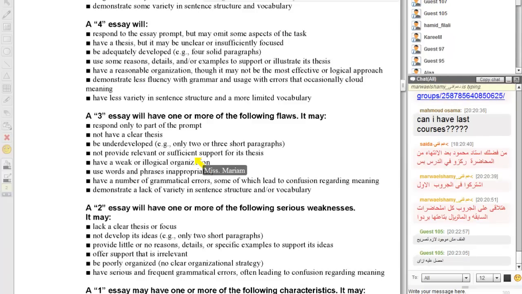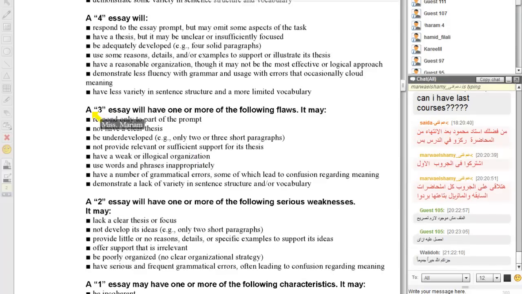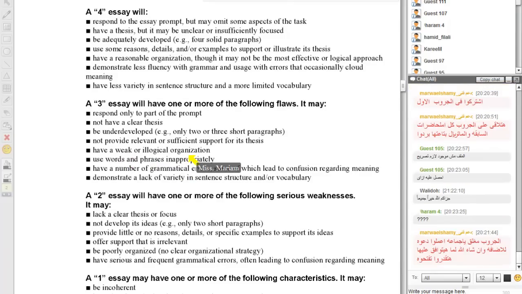So this distracts the examiner. They feel like you don't understand and you don't even know what you are talking about, and they cannot follow your idea stream. Okay, this is a very weak point. Have a weak, illogical organization.